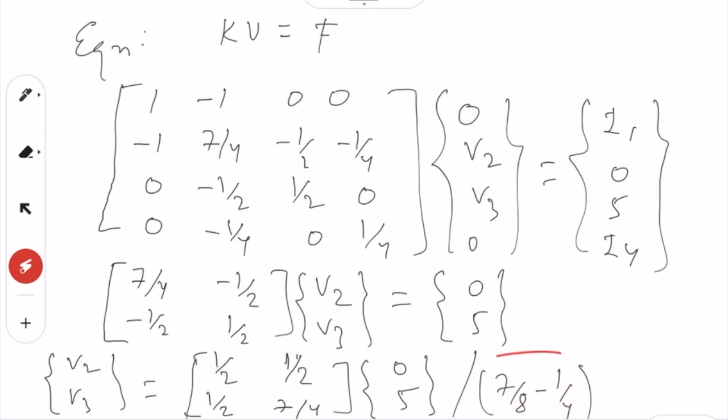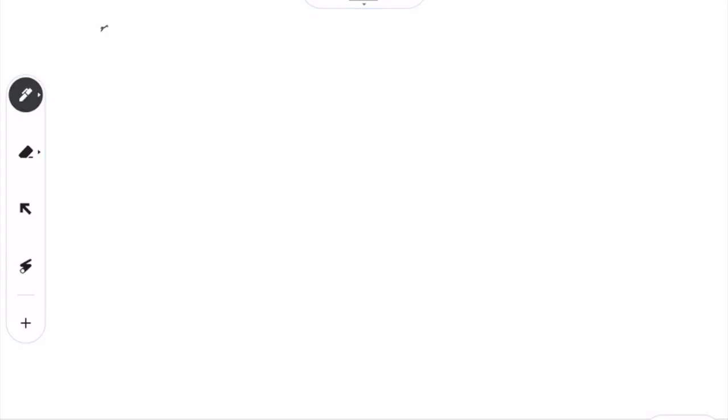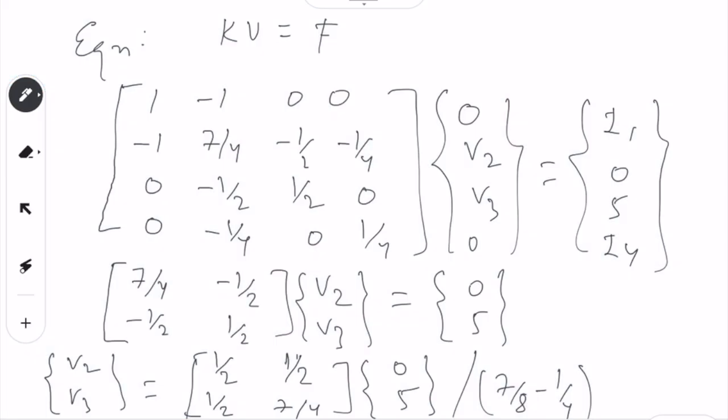So we get v2, v3 is equal to: this multiplied by 5 gives 5 over 2, and this multiplied by 5 gives 35 over 4. So 5 over 2, 35 over 4.